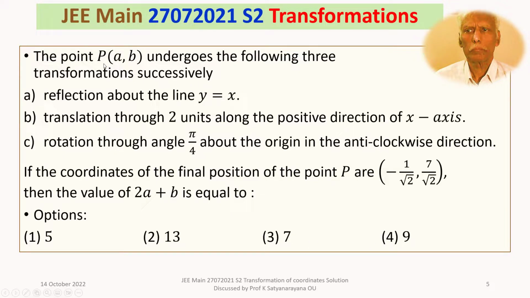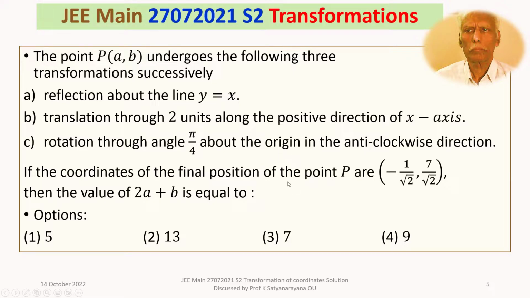We are given a point P with coordinates (a, b), and it undergoes the following three transformations successively. The first transformation is the reflection of that point in the line y equals x, the second one is the translation through 2 units along the positive x direction, and the third one is that it is rotated through an angle pi by 4 in the anti-clockwise direction about the origin.